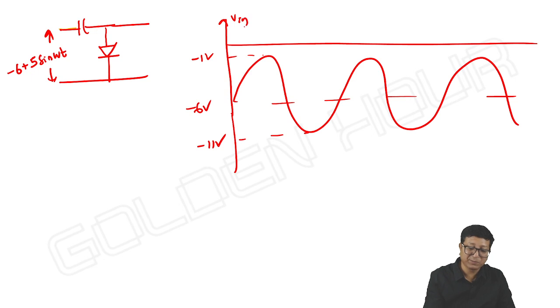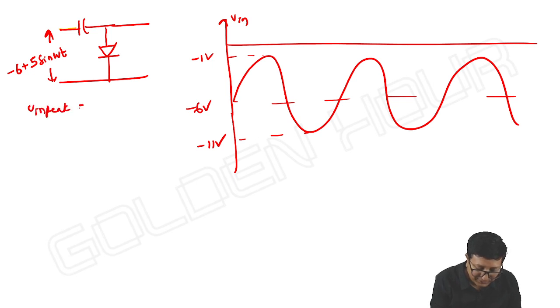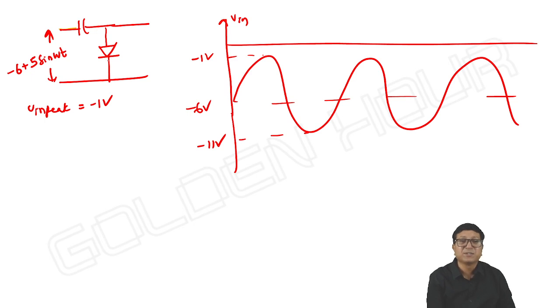This is our input I am speaking of, not the output. In that case, is there any possibility for the diode to conduct? Never. In this example, the input peak amplitude, V input peak, is minus 1 volt, which is not sufficient to make the diode conduct. So, the diode never conducts.